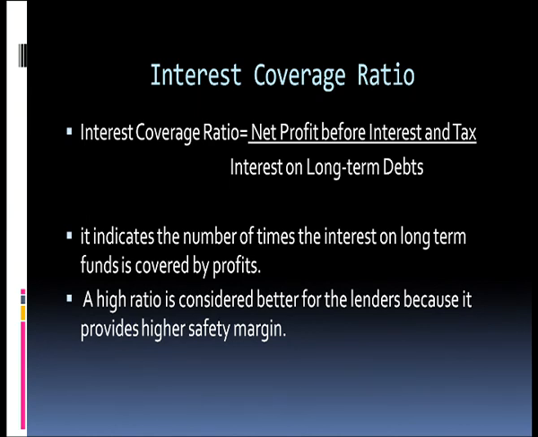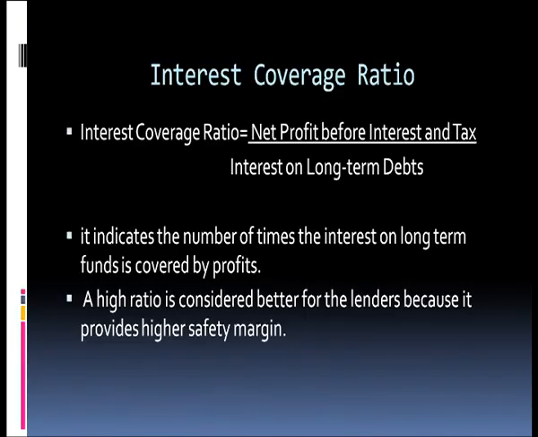The denominator clearly shows that interest on long term debts is very important for the firm, and therefore we want to find out if the profits before interest and tax are sufficient to pay the interest on the long term debts or not. It is an indicator of the number of times the interest on long term funds can be covered by the profits earned by a firm. A high ratio is always considered better and provides a higher safety margin for the long term debtors.